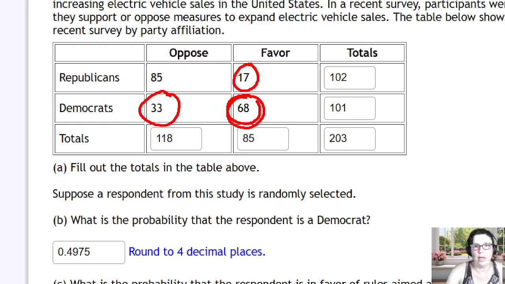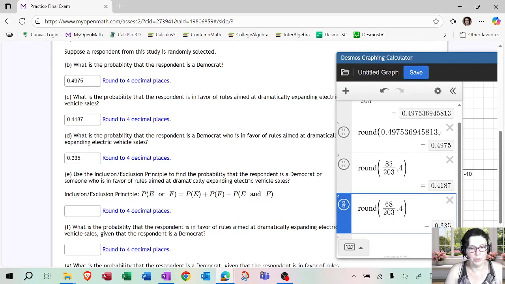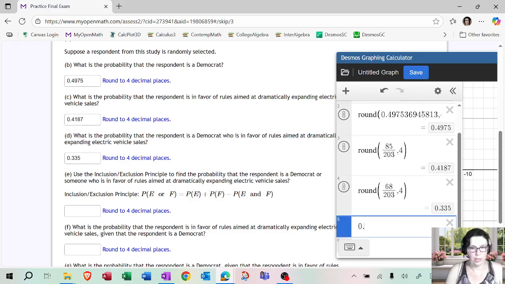We're also going to add these 13. If you add these three numbers and divide by 203, that could be the right answer. But the inclusion-exclusion principle says you can just add the chance that you are a Democrat, add the chance that you are in favor, and then subtract the overlap so you don't double count it. So let's go ahead and do that.